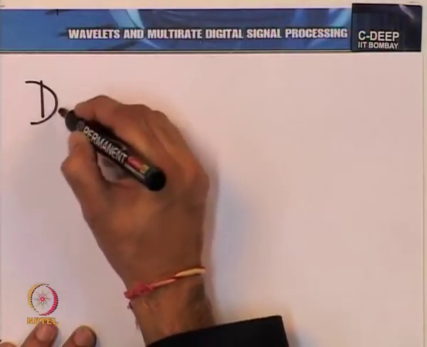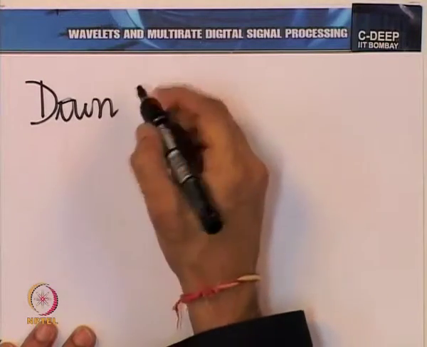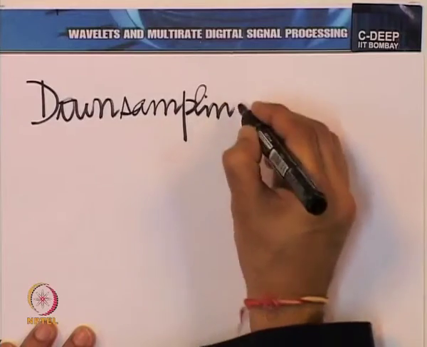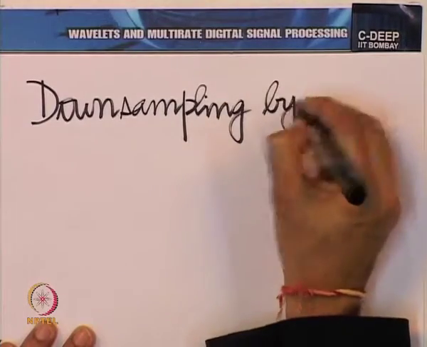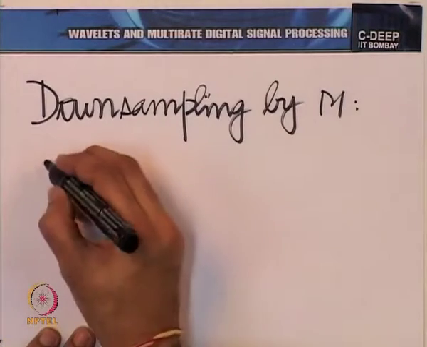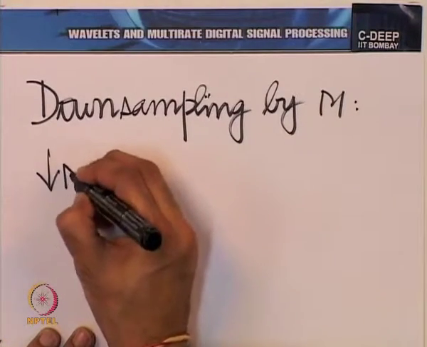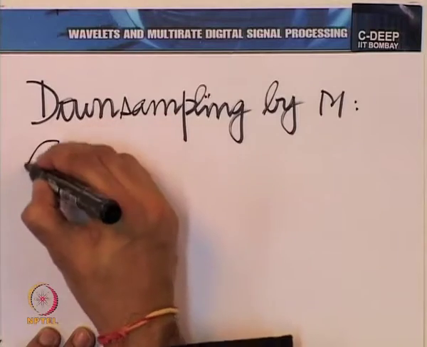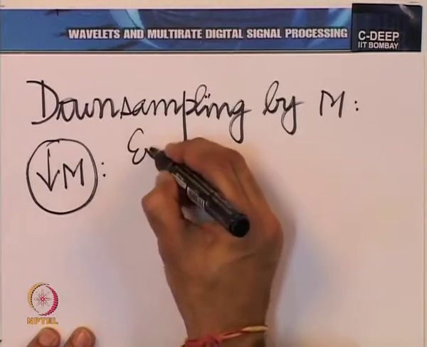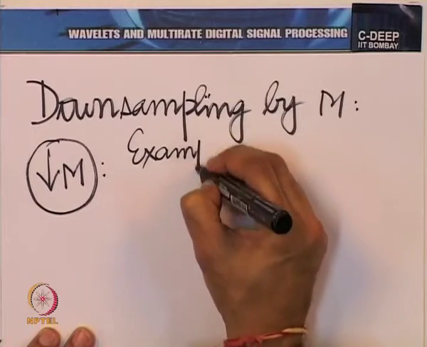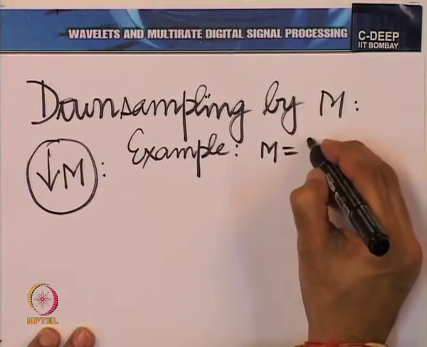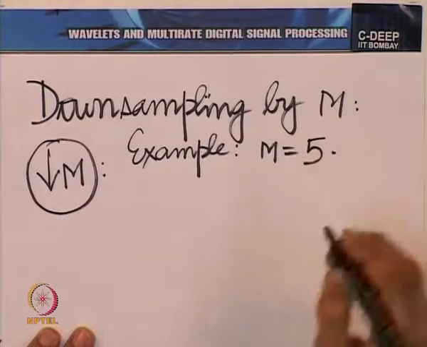Downsampling by m in general, which of course we denote by down arrow followed by m. Let us again take an example for clarity. Suppose we take m equal to say 5, to bring in some variety.